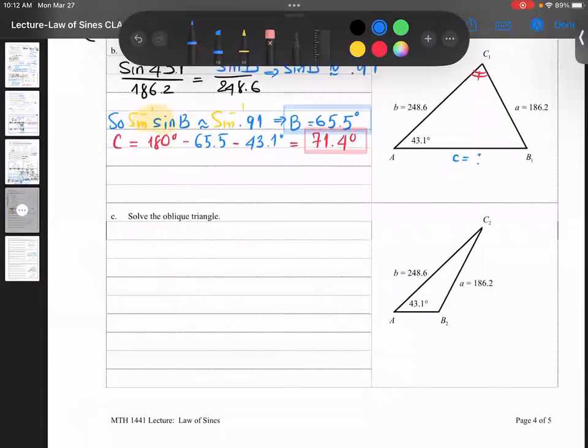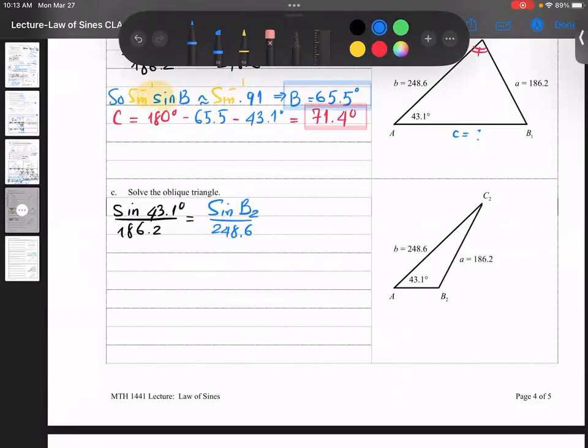Again, I'm given sin A is 43.1 degrees over little a, which is 186.2, equal to sin of B2 now. The other one was B1. I didn't put B1, but it was B1 over 248.6.